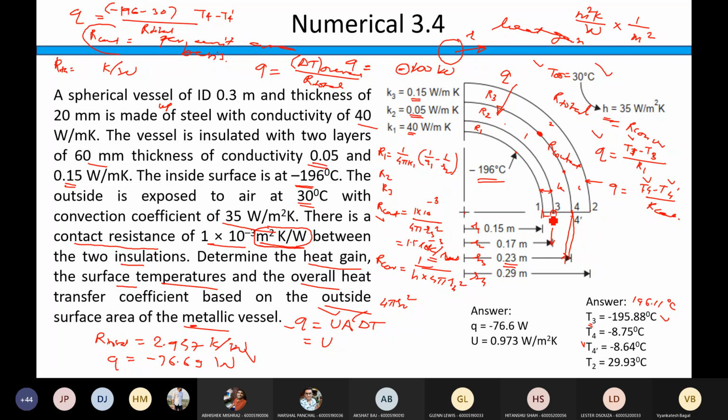See, if you are using Q value as minus, keep it as it is. Follow the sign convention only. Don't get confused unnecessarily. Follow the sign convention.